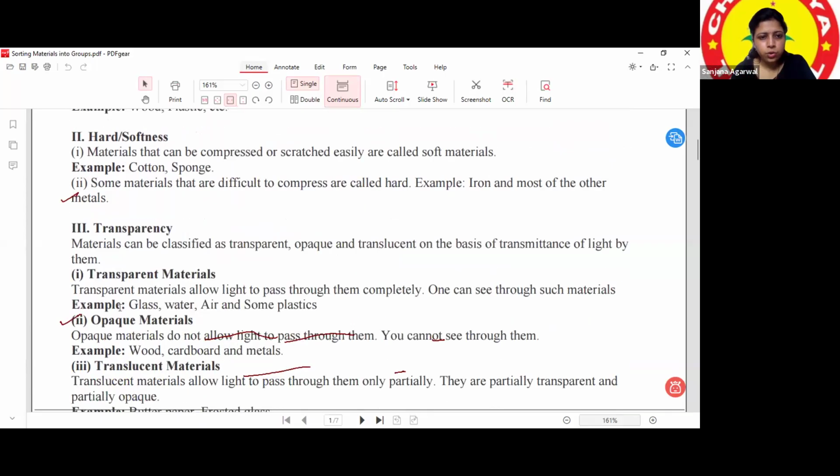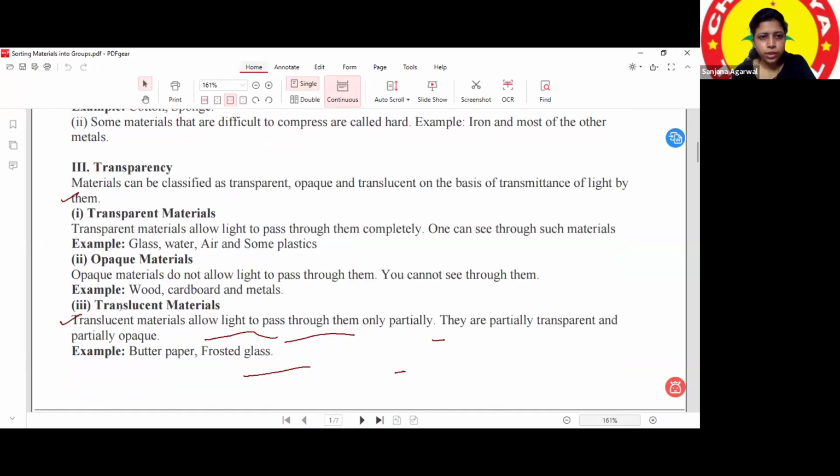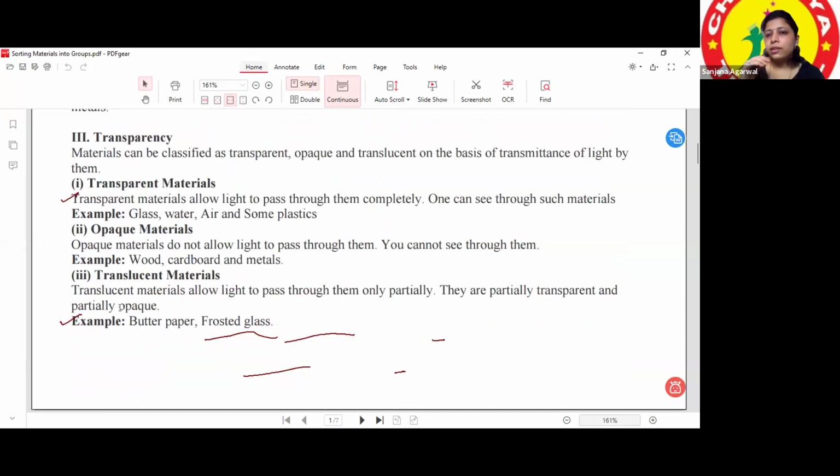Next comes transparent, opaque, and translucent. Like the table which you have just noted down from the previous slide, make a table based on the transparency of material. How will you make it? You can use the next page or just make the next table.